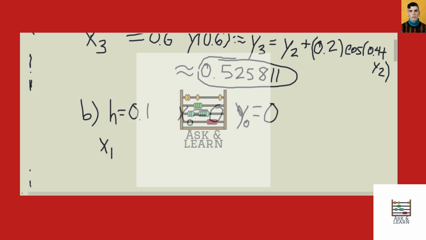So x1 is x0 plus our step size, which is 0.1, and y1 is equal to y0, which is 0, plus our step size, times our function evaluated at x0 and y0, which is simply cosine of 0, which is equal to 1, so this is 0.1.